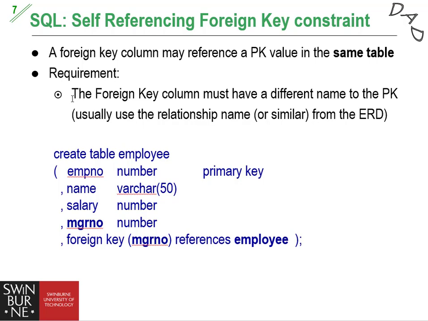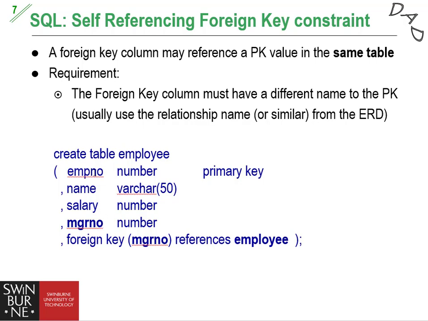The question is, we can't have the same name. We can't have the same primary key name as our foreign key name. So we need to give a different name in this case. Now remember, when you link the foreign keys and primary keys, it's not the names that Oracle links. It's linking the values associated with the names.